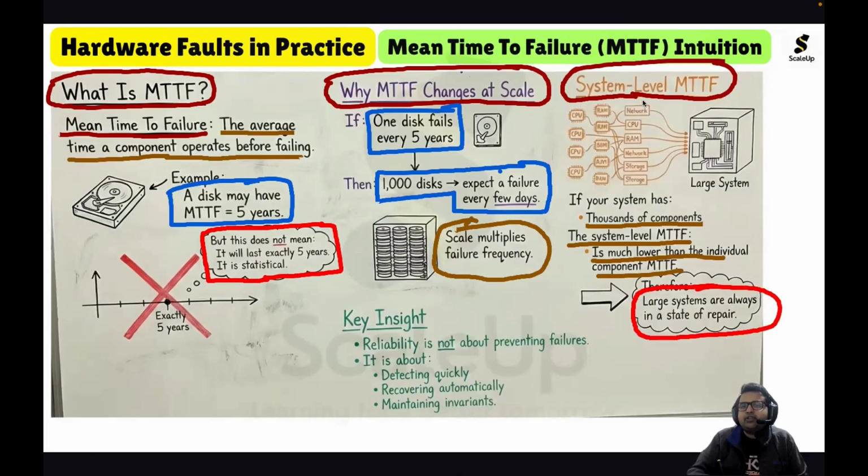The key insight we should take away is that reliability is not about preventing failures, because it's now very clear that at the system level, failure is normal. Scale multiplies failure frequency. We cannot prevent failures. Rather, it's about tolerating failure: detecting failure quickly, recovering automatically, and maintaining invariants.